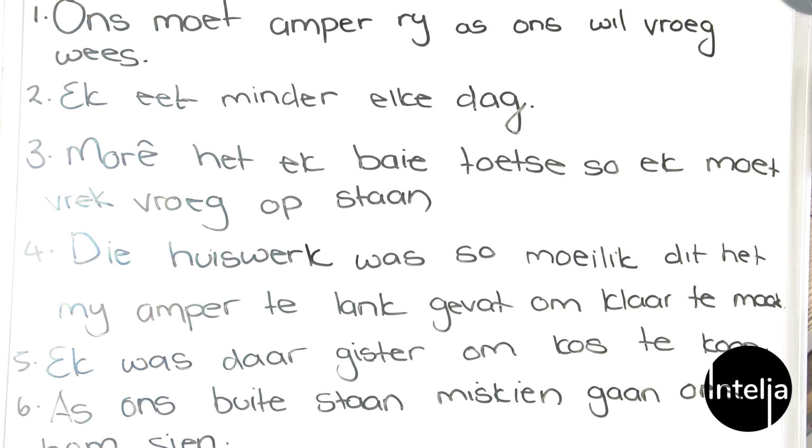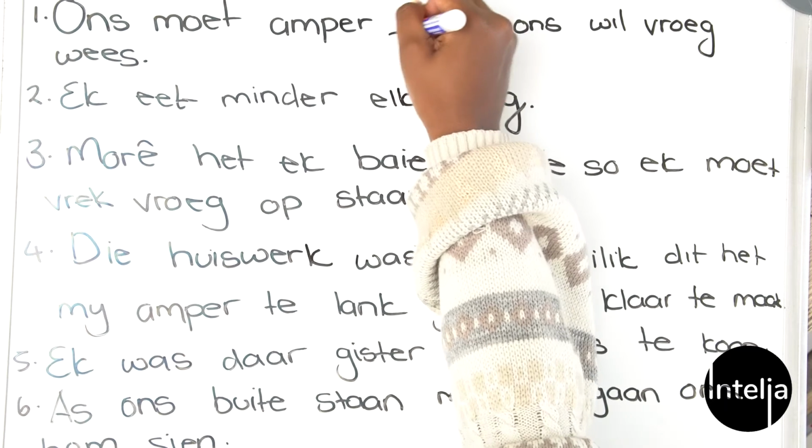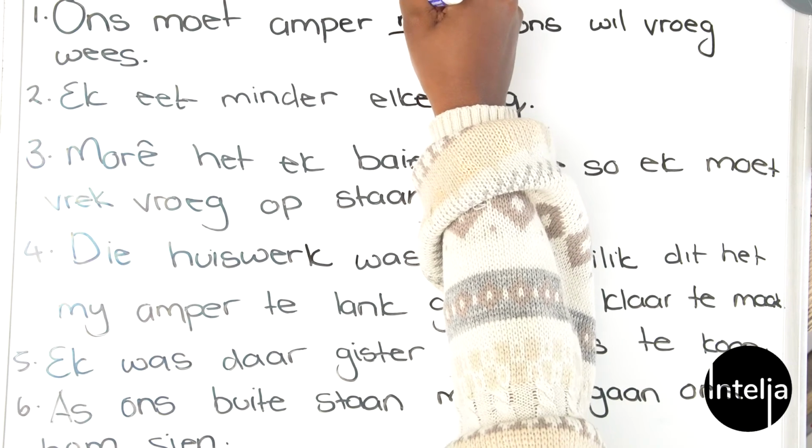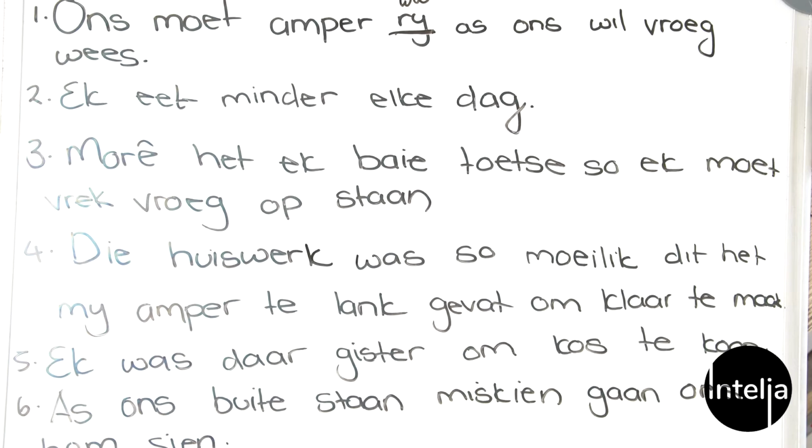So the first thing we're going to do is look for our werkwoord, our verb. Do you see our verb in the sentence? Ry is onze werkwoord. Okay, so now it'll be easier to find our adverb.